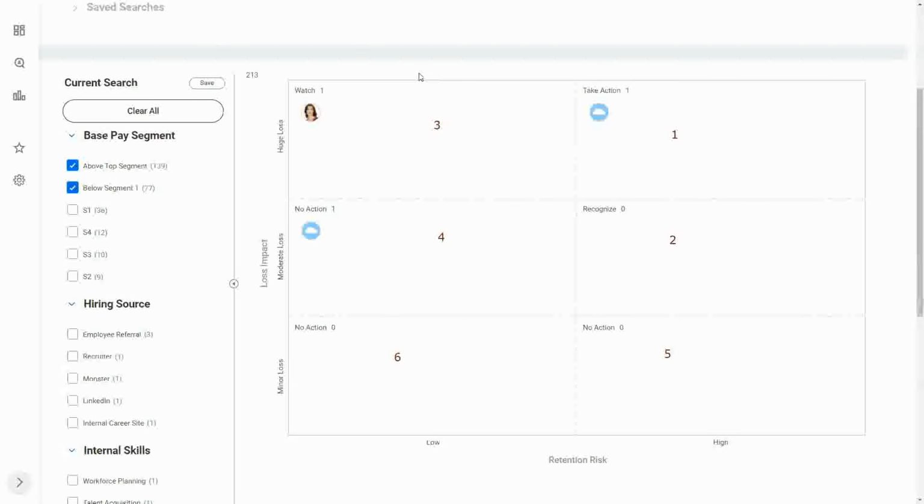So they're trying to automate it, they're trying to use a lot of AI to come up with this information. But as of now, it is a field that the manager needs to enter, whether it is a high impact or low impact, or a high risk or a low risk, right? So, as of now, it is mostly based on perception.